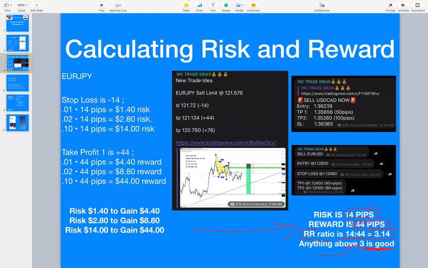That is usually what we want to stay around. We want to stay above a 1 to 3 risk to reward ratio, basically meaning our reward is 3 times greater than our risk. We always want our reward to be greater than our risk.